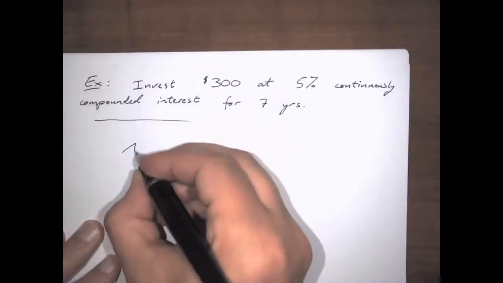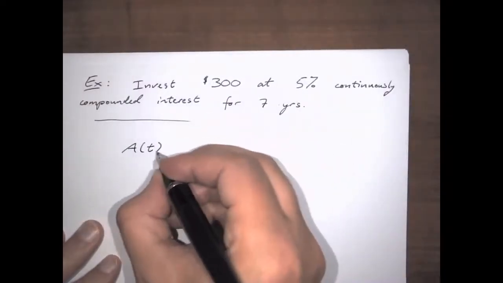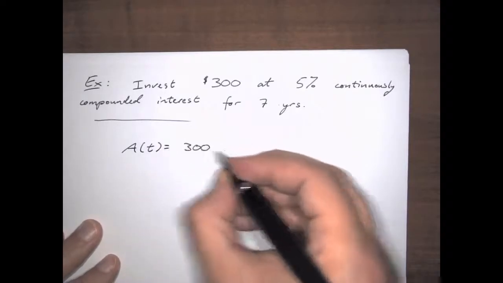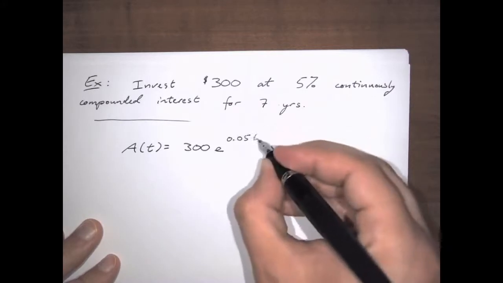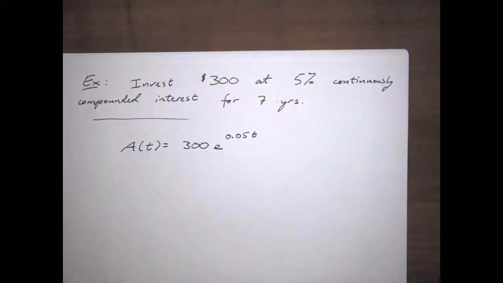So the formula here is A of t equals 300 e to the 0.05 t, and we'd want to plug in 7 to that.